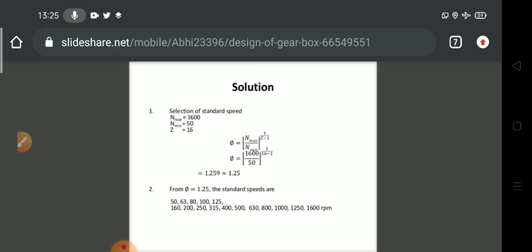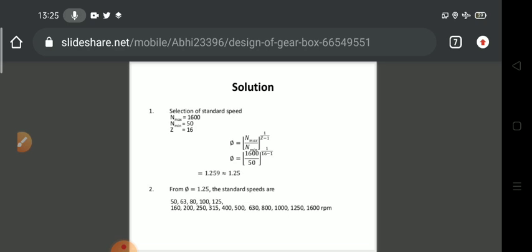Because the geometric progression method's definition says that the ratio of two consecutive spindle speeds is constant, and the ratio of the spindle speeds is going to be 1.25.